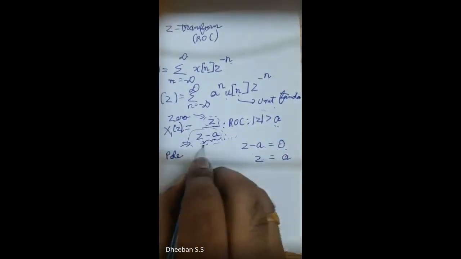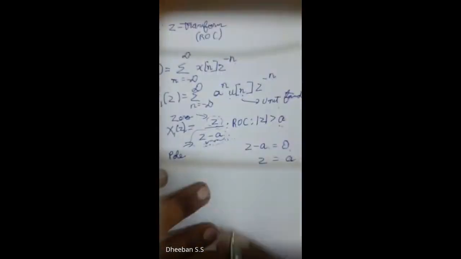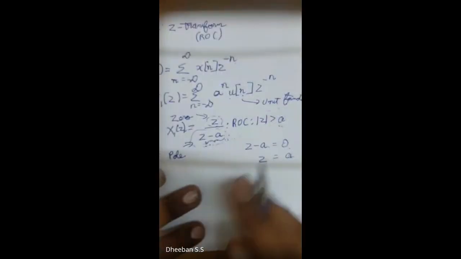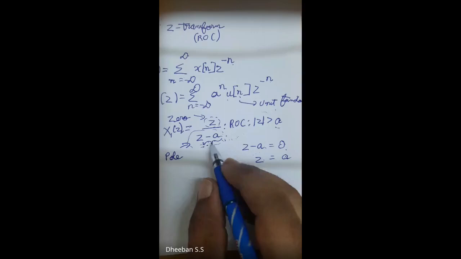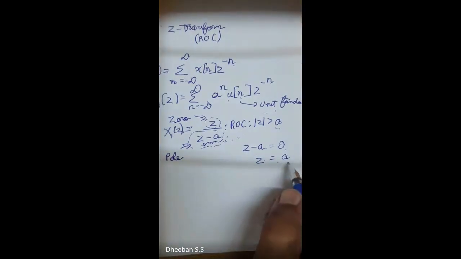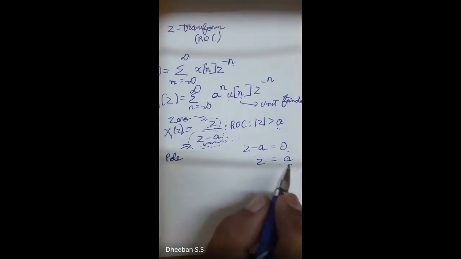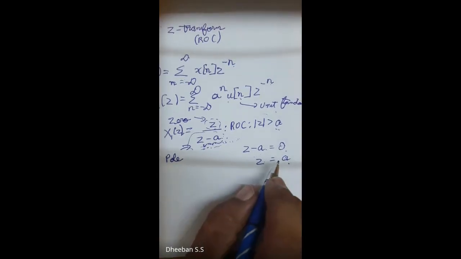So convergence you have to take from your pole. Generally you have to find the ROC in this fashion.